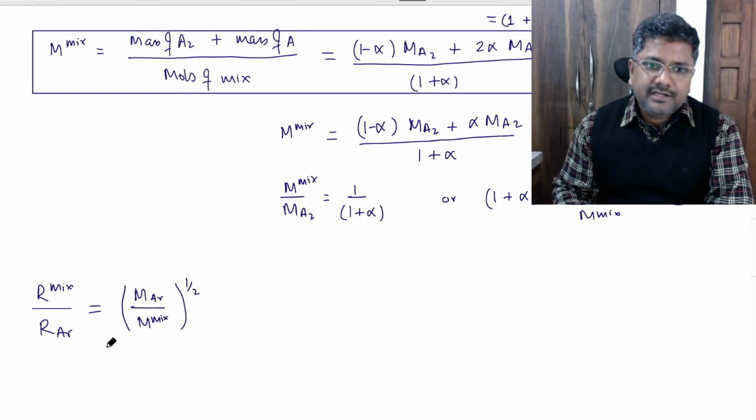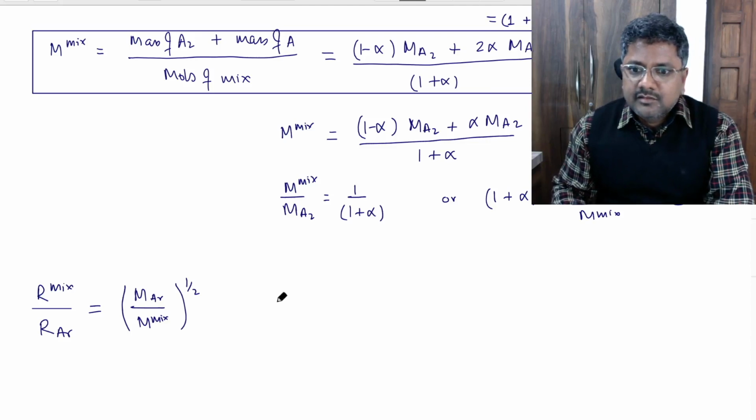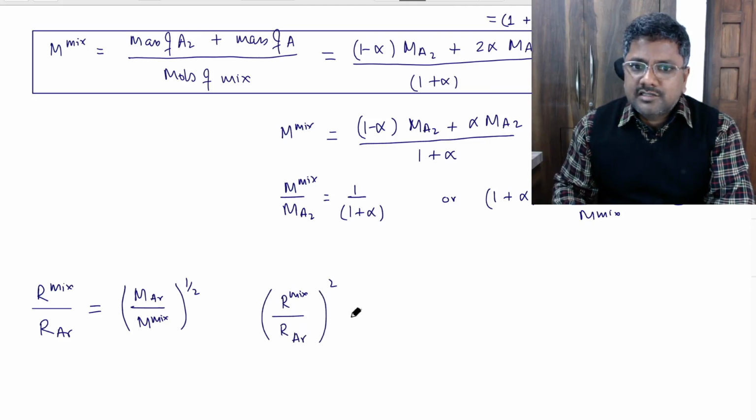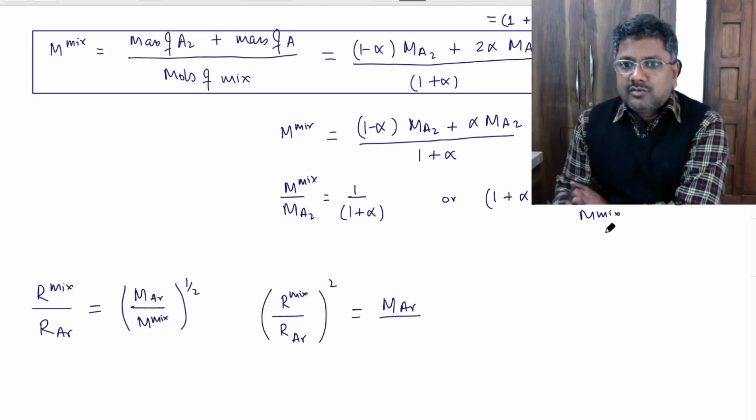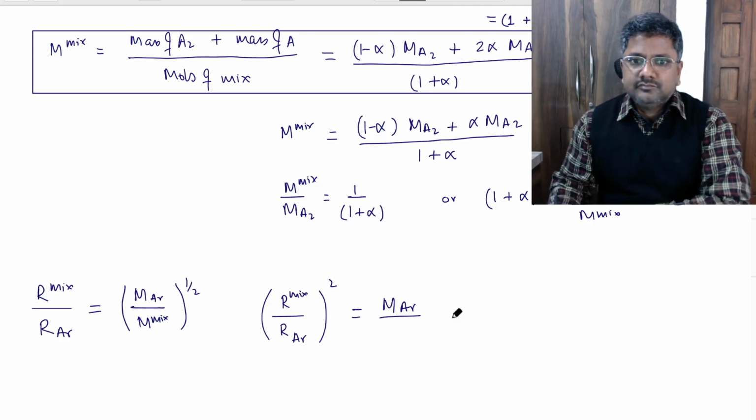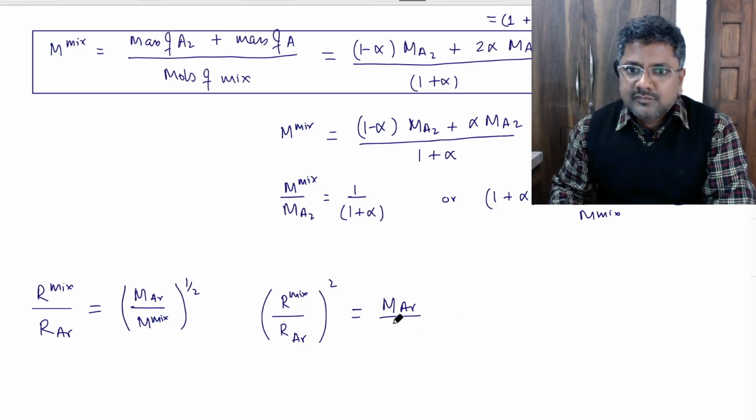So we can write here R of mixture by R of argon square is equal to molar mass of argon divided by molar mass of mixture. This is equation 3.